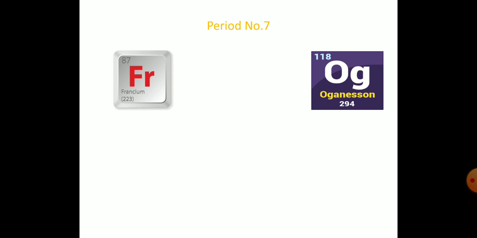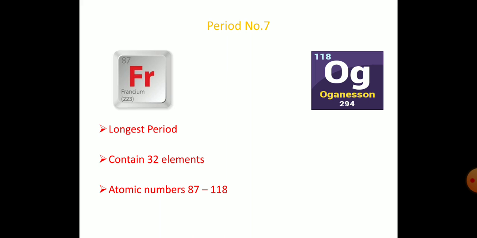So elements from francium to oganesson constitute the 7th period. It is also a longest period. Longest period means the maximum number of elements will be present in this period, and the number of elements of the 7th period is 32. There are 32 elements present in the 7th period, and the atomic numbers are from 87 to 118.